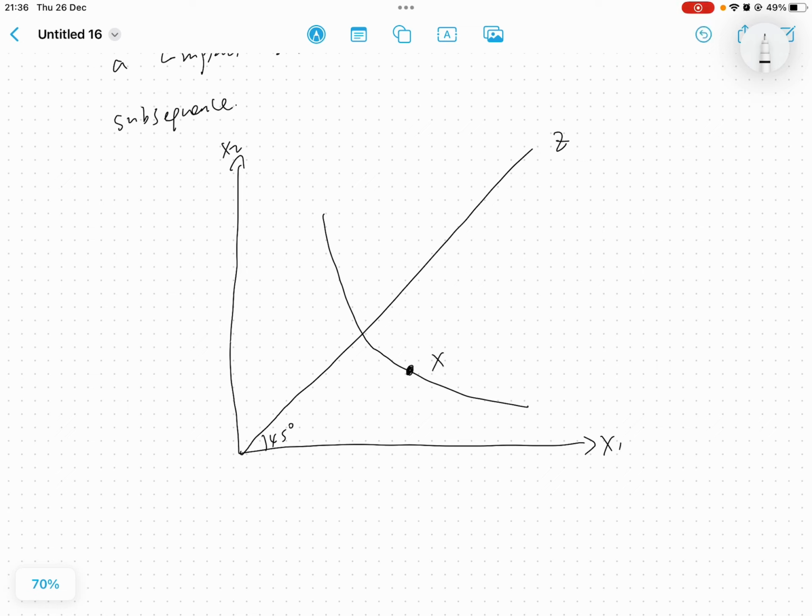Okay, so let's suppose that epsilon is just some radius that gives a circle or a ball with the center of x and with the radius of this epsilon, okay?